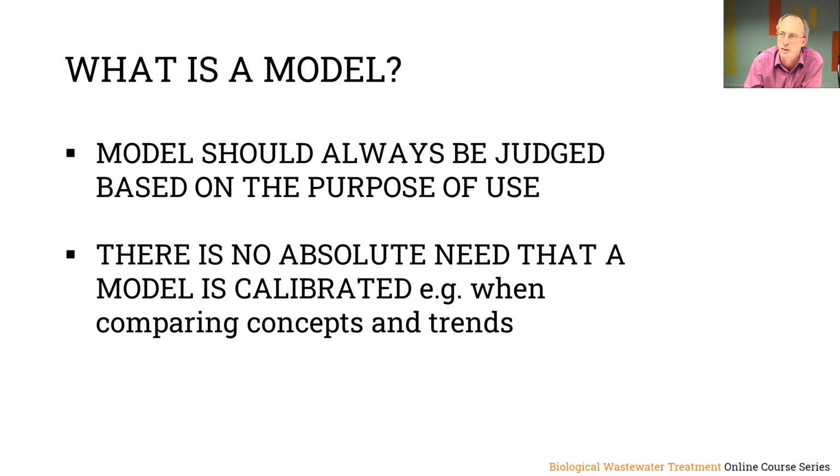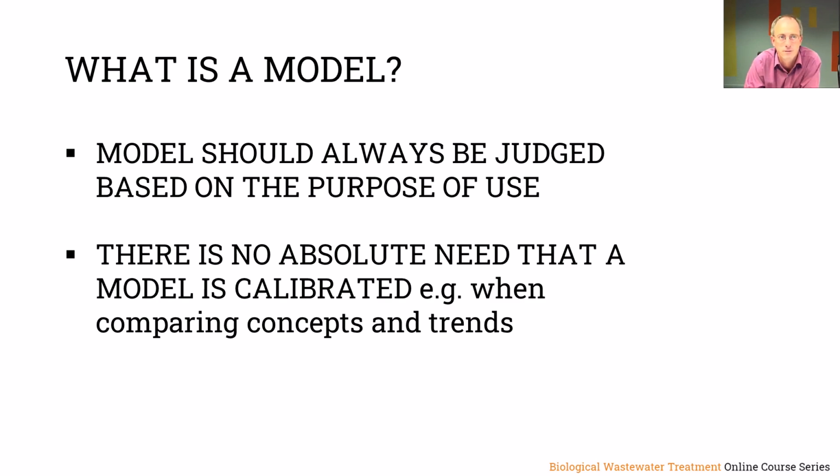So if you're only interested in trends, in whether things will improve or decrease, quite often you don't need very exact calibration of a model, or exact knowledge of the parameter values. You need a rough knowledge of the parameter values.